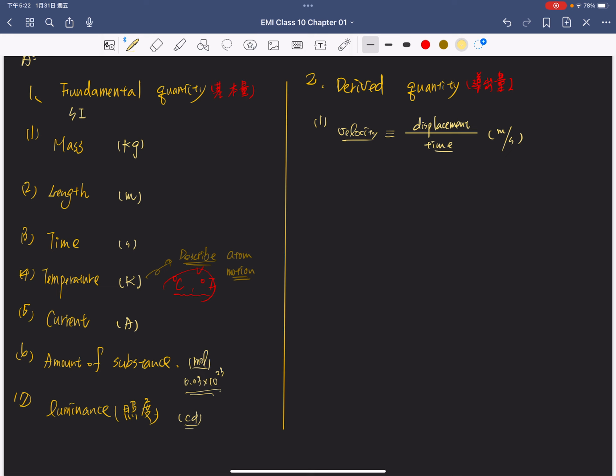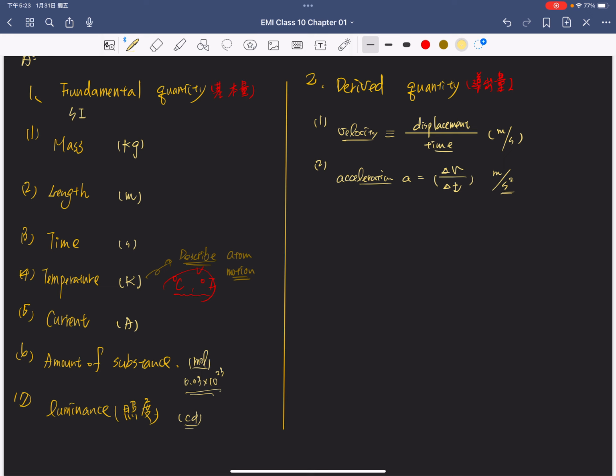And also, if you want to know the acceleration, it is the variation of the velocity over the time, so the unit is meters per second squared.